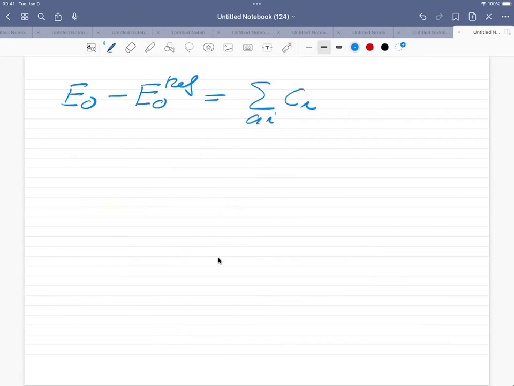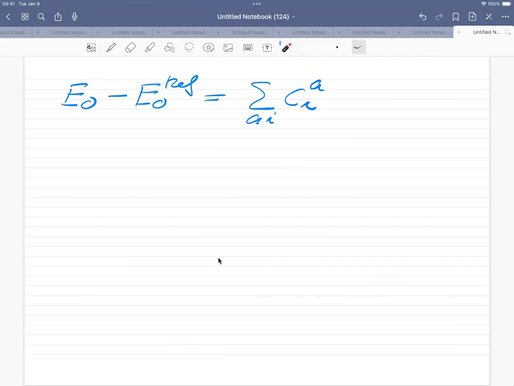And if I have diagonalized, I know these coefficients. So in a certain sense, if I have diagonalized, I obviously know this value here. So what I'm doing now is just a waste of labor, right? But the reason why I'm doing this is that this connects with all the other many-body methods which we are going to discuss.